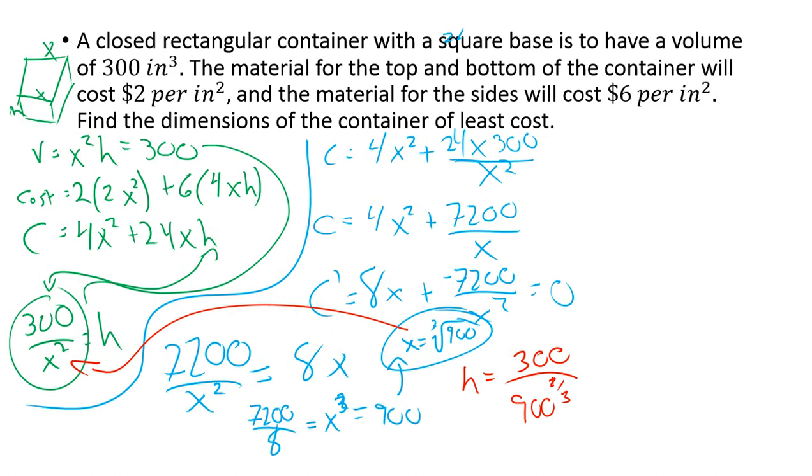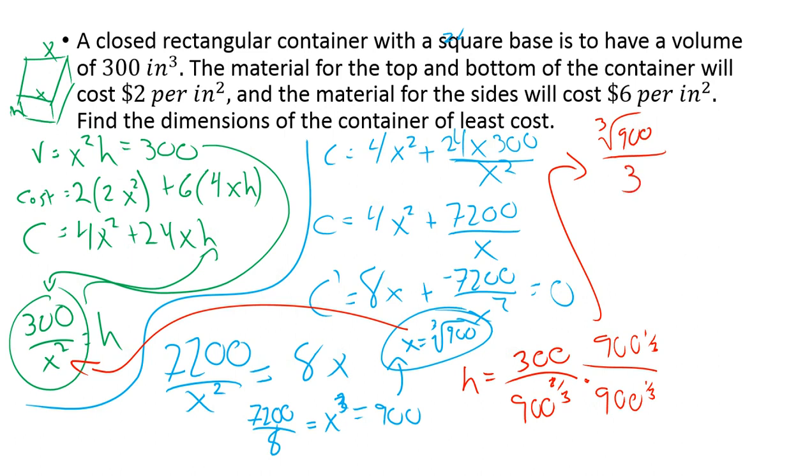If we want to simplify it, multiply the bottom by 9 to the 1/3, multiply the top by 9 to the 1/3, or rationalize the denominator. That simplifies down into the cube root of 900 all over 3 inches.